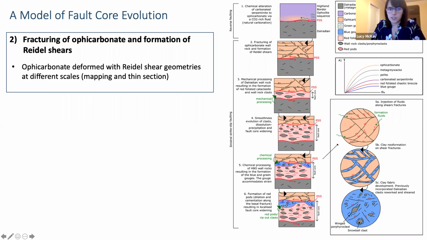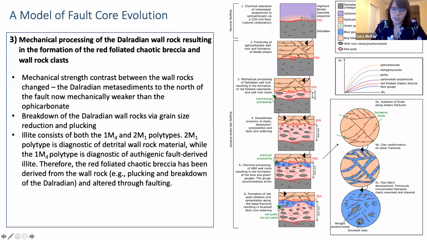The next stage, which is stage 2, we've moved into this sinistral strike slip regime, and the ophicarbonate is starting to form with Riedel shear geometries at different scales. And this was evidenced from the Riedel shears that I've mapped in the field and all of the microstructural observations. And then next, you're coming into the mechanical processing of the Dalradian.